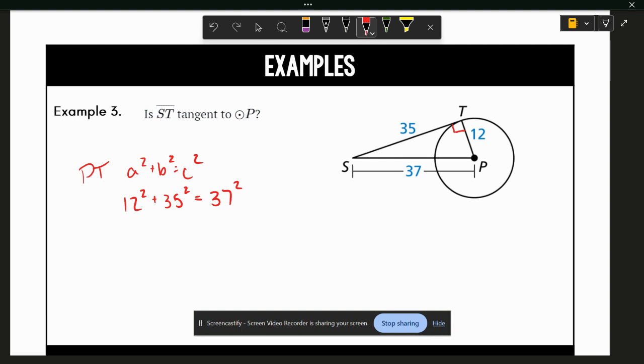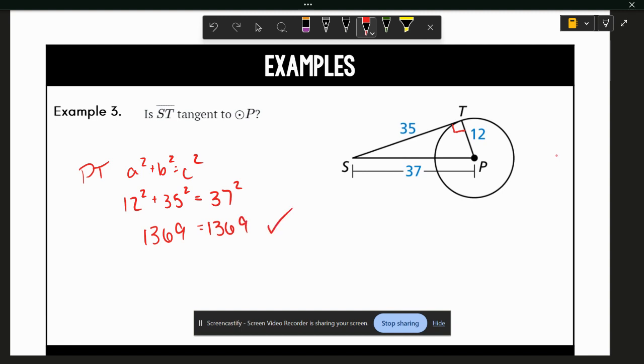Let me grab a calculator. So 35 squared plus 12 squared gives me 1369. And 37 squared also gives me 1369. So this works.